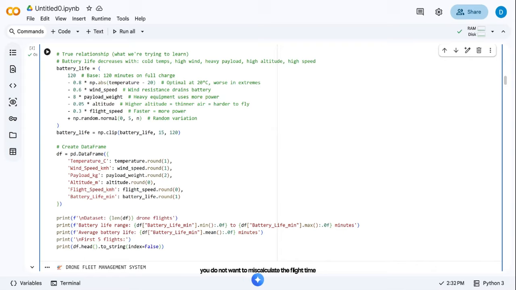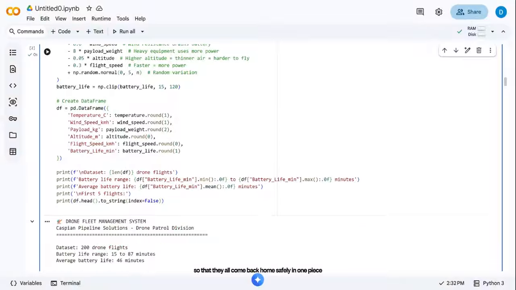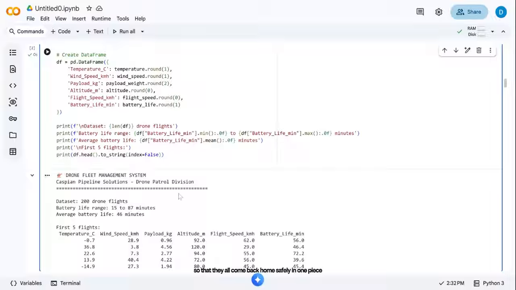You do not want to miscalculate the flight time and send the drone out too far so that it doesn't come back home to be recharged. Then you've lost your drone. So if you're managing multiple drones, you want a precise calculation with minimum error so that they all come back home safely in one piece.